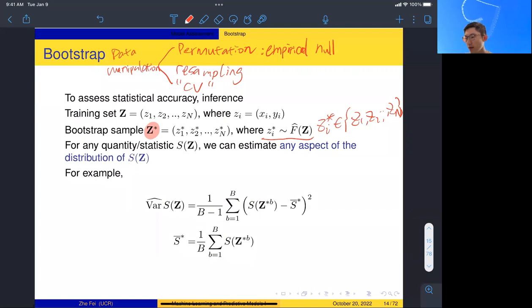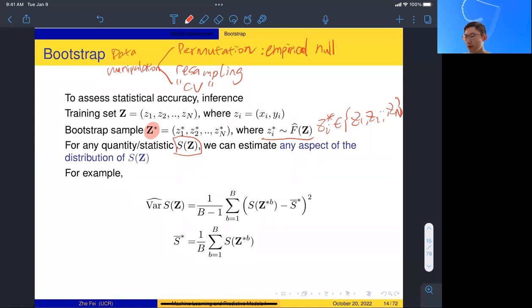So how do we use the Z star bootstrap samples? Essentially, we use the Z stars to estimate the distribution of S of Z. S of Z here is a very general notation for any statistic that we derive from the training set.